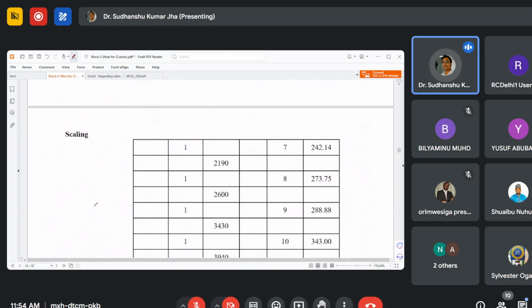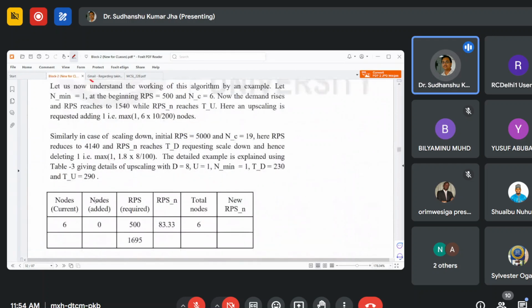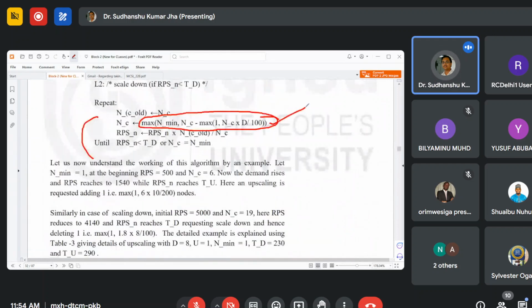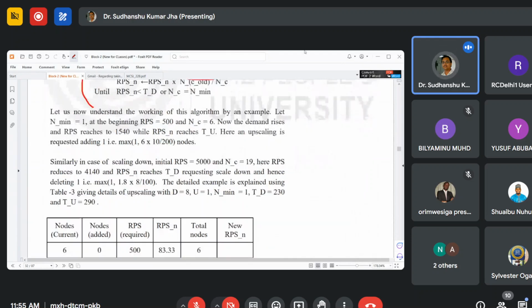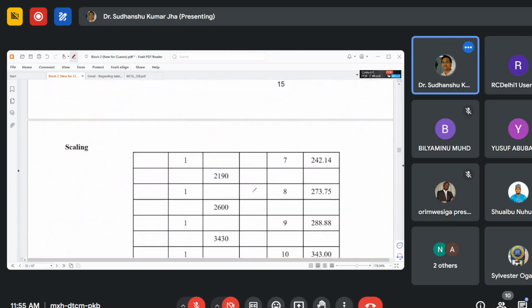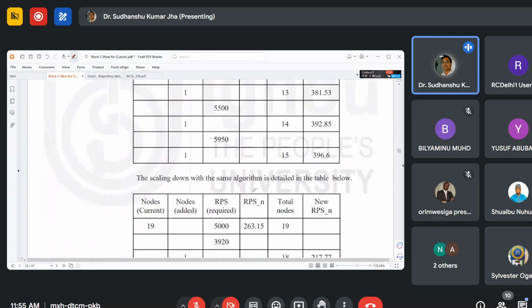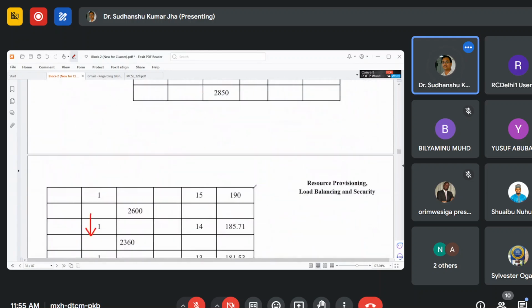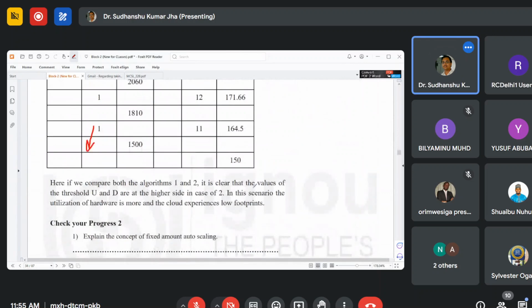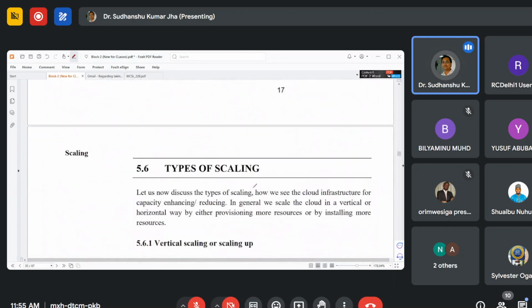But in percentage scaling, we observe the relationship between the requests per second and the number of nodes allocated per unit of time, scaling up or scaling down. So you can easily calculate based on the percentage of the RPS. So this is the scaling up.